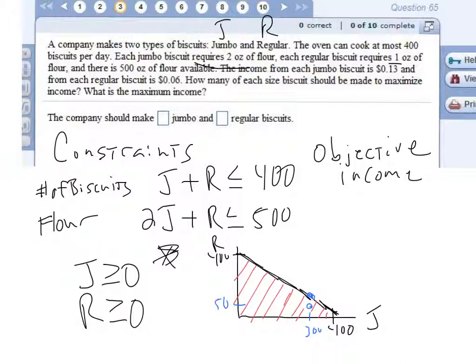Now the other inequality is, when j equals 0, r equals 500, so I'm way up here. When r equals 0, it's going to be 500 divided by 2, which is 250. Now you can see why with graph paper it's a little easier.